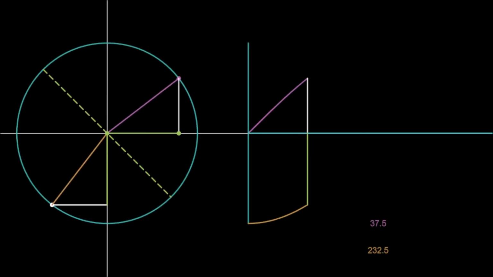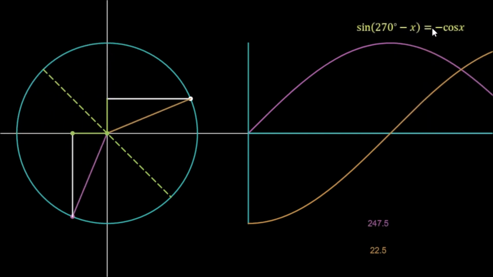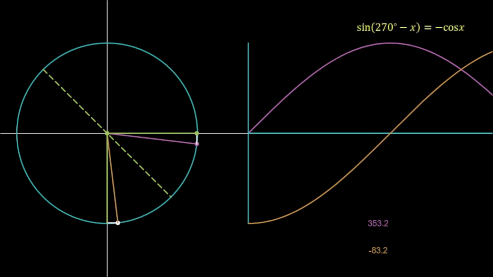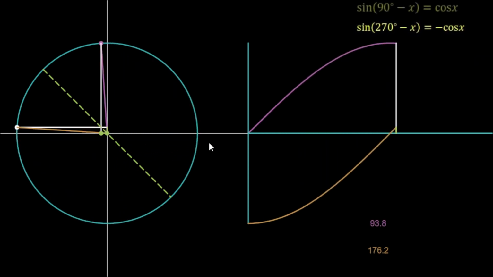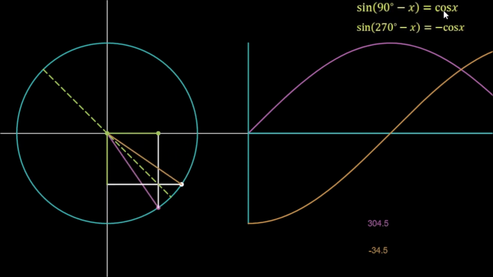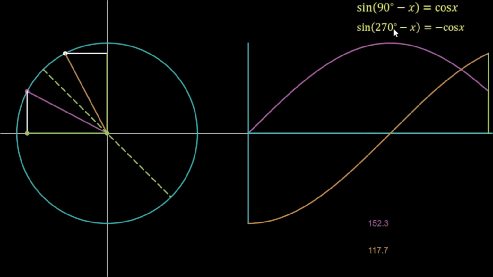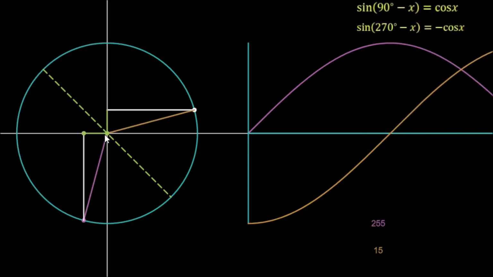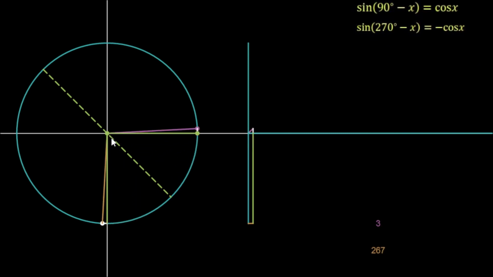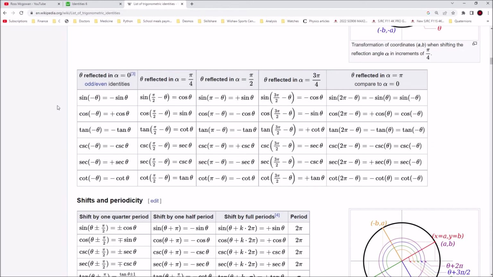Our new identity is the sine of 270 minus x is equal to minus cos x. And you can see that our previous identity was the sine of 90 minus x is equal to cos x. And we generated these via a reflection in the line at 45 degrees and a reflection in the line at 135 degrees. If we look at our table of identities from Wikipedia, we've now covered the first line here.